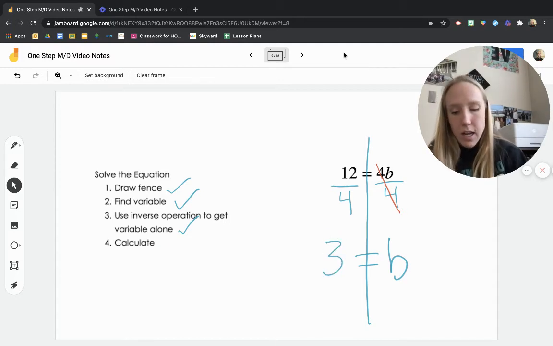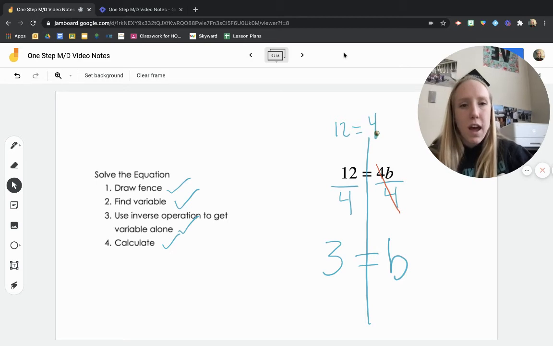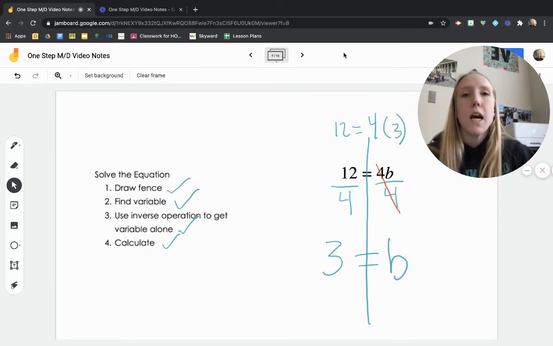So we calculated it. Let's check our work. If 12 equals 4b, we think that b is 3. So we're going to write 4 times 3. Is it true that 12 equals 4 times 3? Yes, it is. So our answer is correct.